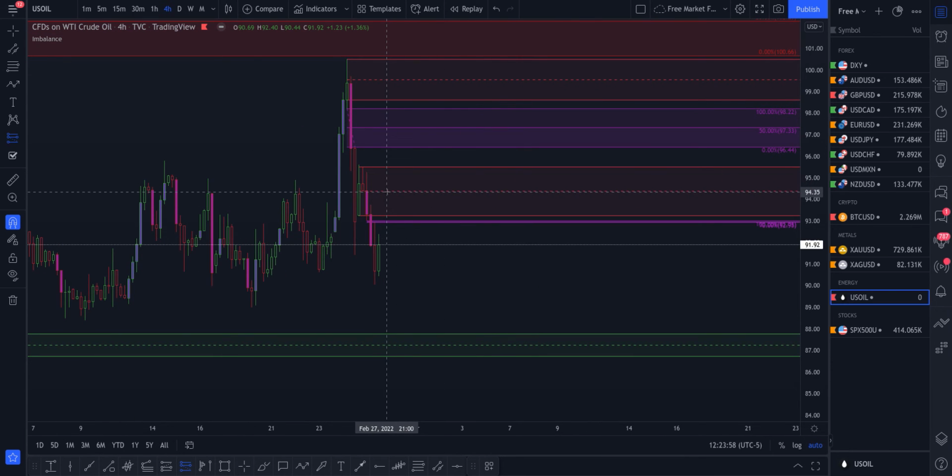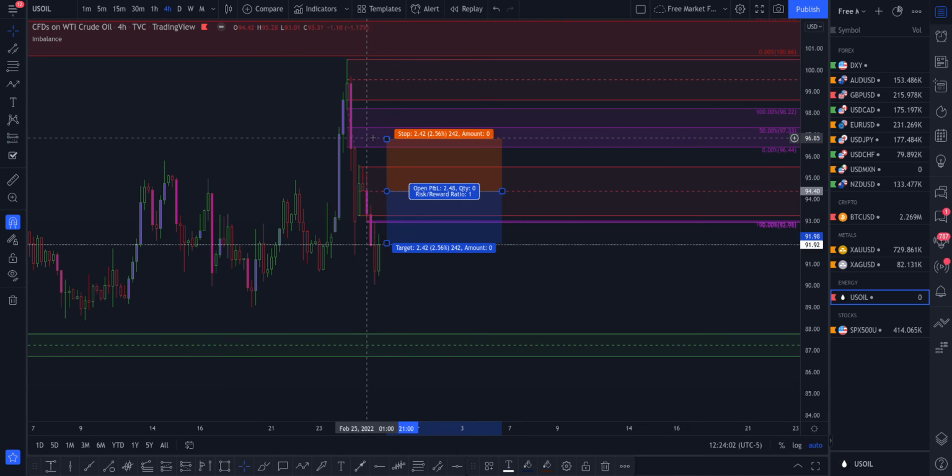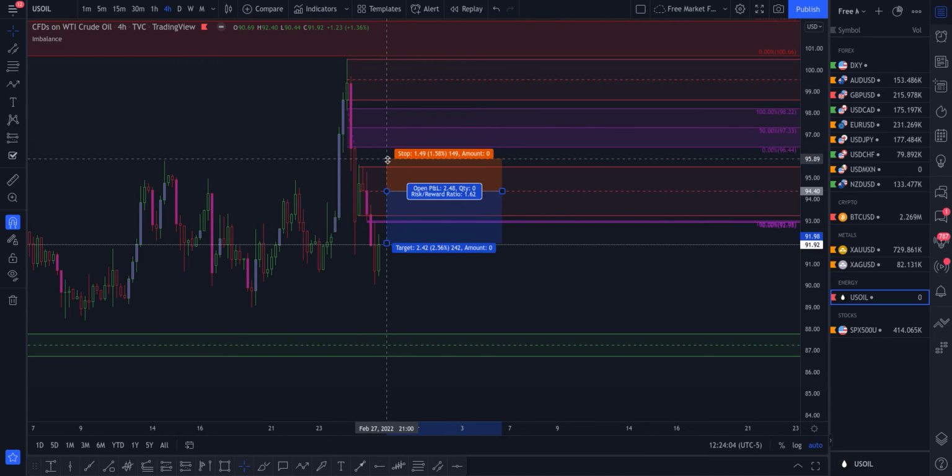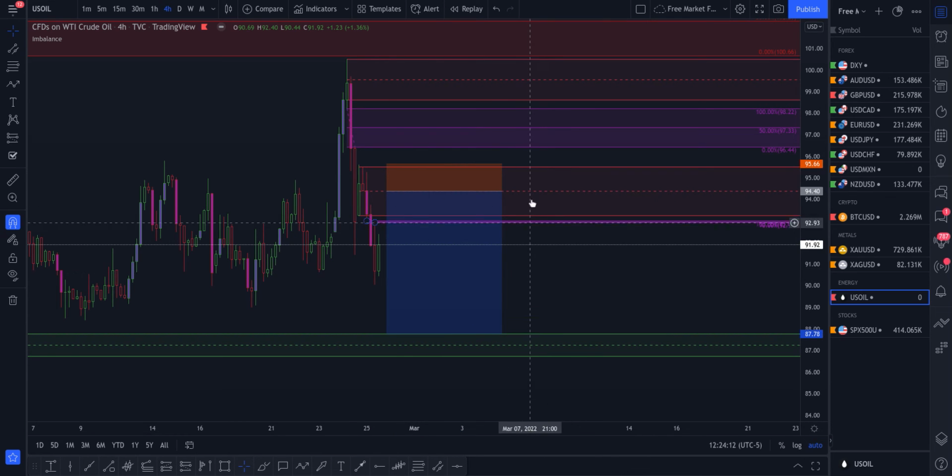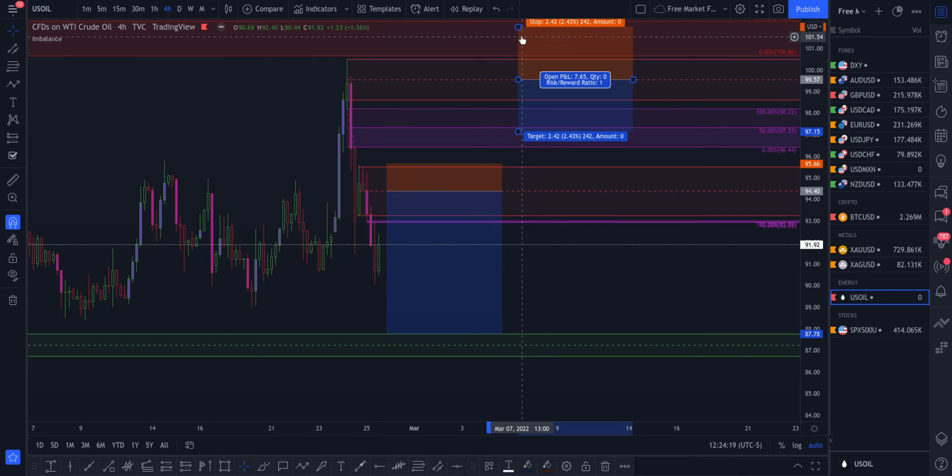So maybe looking for price to come off of this one, possibly take it to this unmitigated. Maybe we can look for shorts off of here.